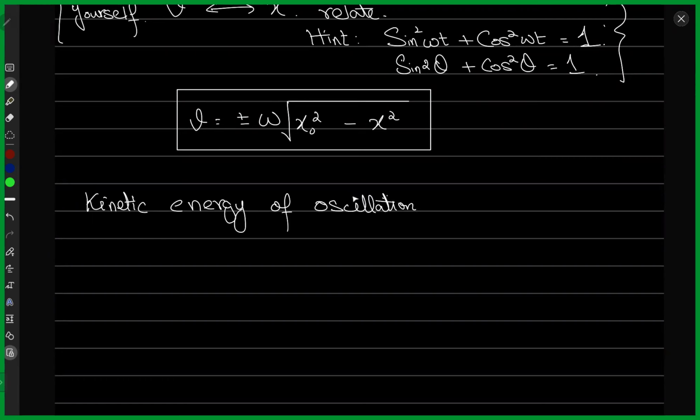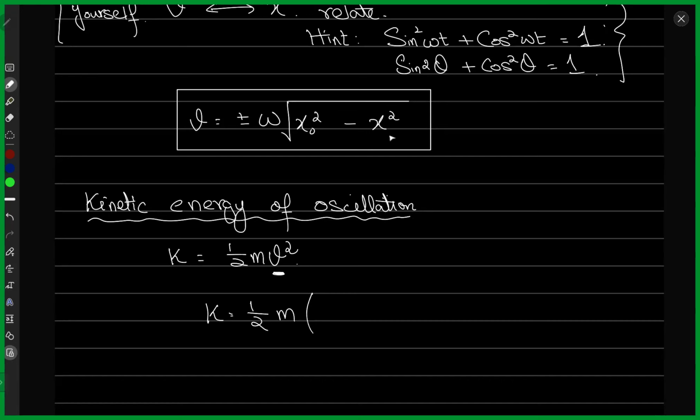The kinetic energy can be written in terms of velocity, because I know that the kinetic energy is half mv squared, where m is the mass of the system that is oscillating, and v is the speed with which the system is oscillating. Now I just plug in the value for v that we found over here, and the kinetic energy of such a system is half m.